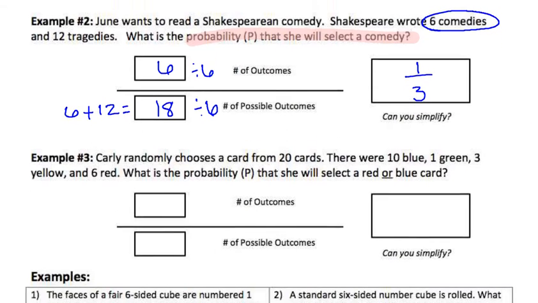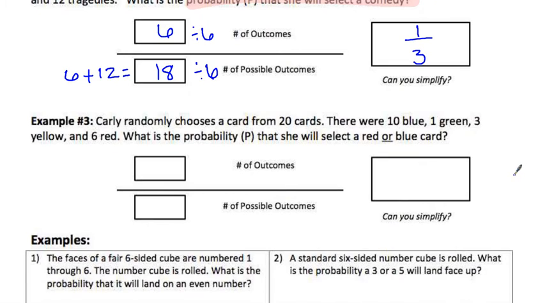Our last example, it says Carly randomly chooses a card from 20 cards. There were 10 blue, 1 green, 3 yellow, and 6 red. What is the probability that she will select a red or a blue card? So I want the probability that she will select a red or a blue card. Now, I don't care if I choose red or blue.